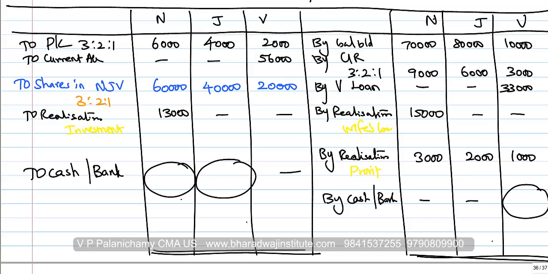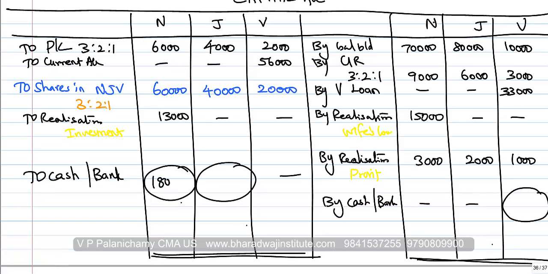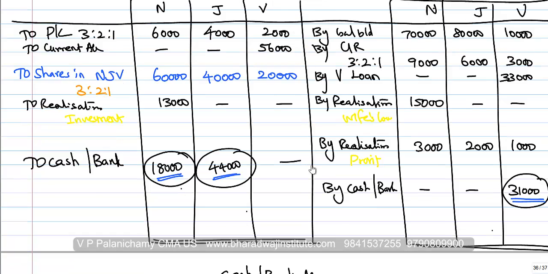How much? 18,000, 44,000, and of course, this will be recorded in the cash account. 18,000, 44,000 and what? 31,000.